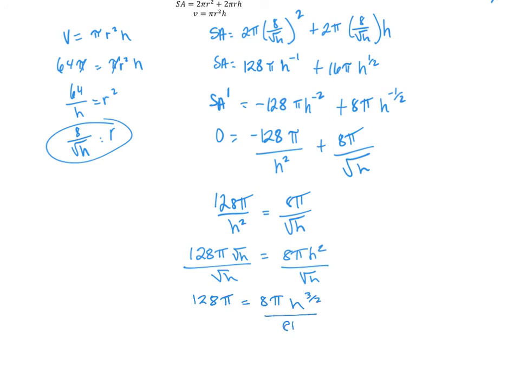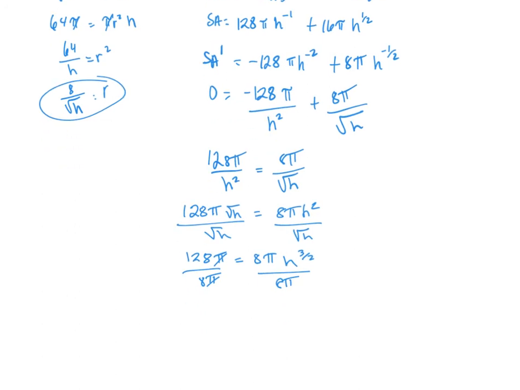Now I can divide by my 8 pi. So 128 divided by 8. It's going to be 16. So h is equal to 16 to the 2/3, or the cubed root of 256.